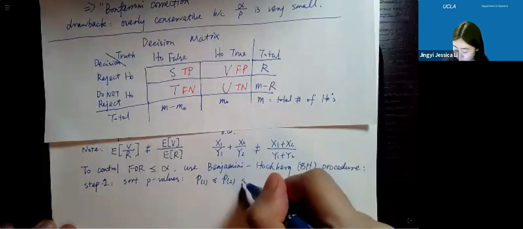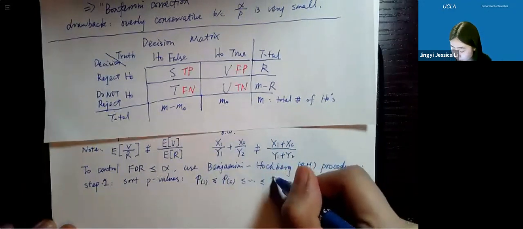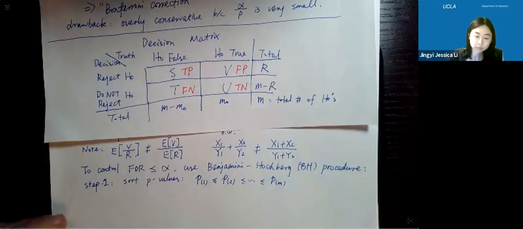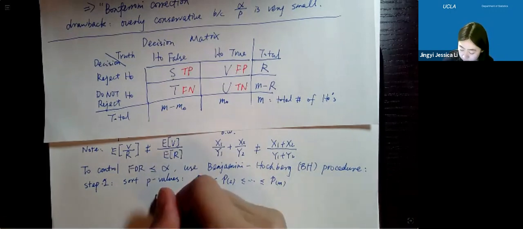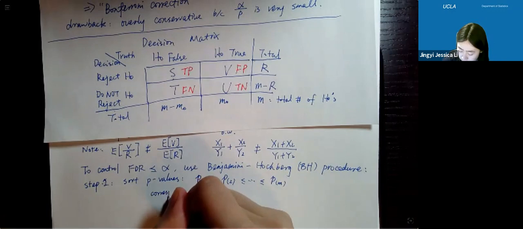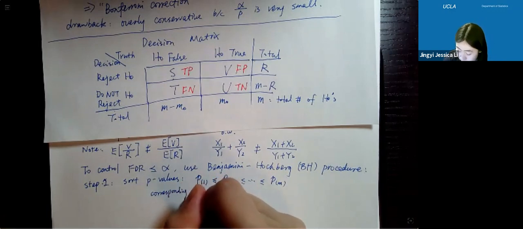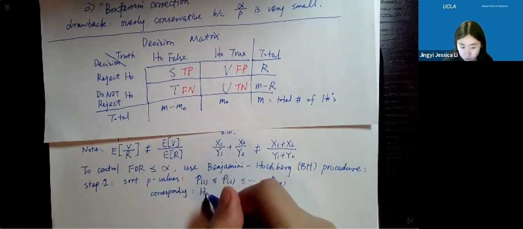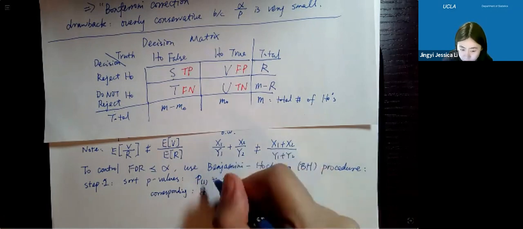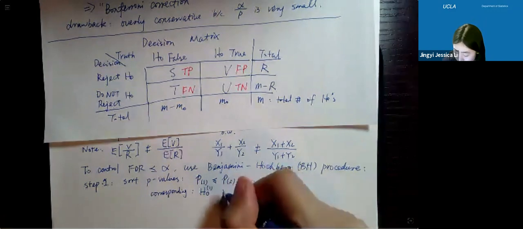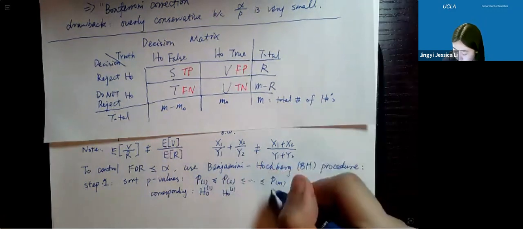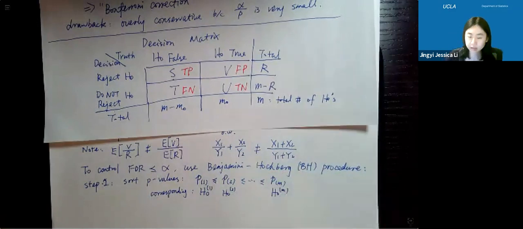So let's do this up to pm. And then we will denote their corresponding null hypotheses to be tested as H01, H02, up to H0M.